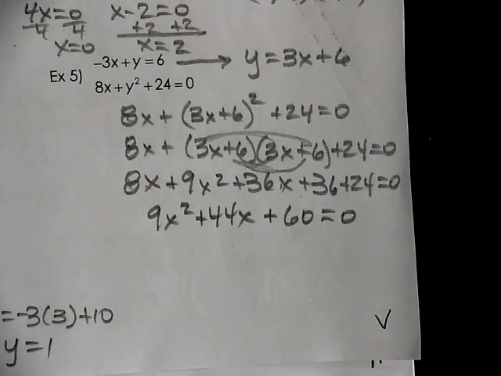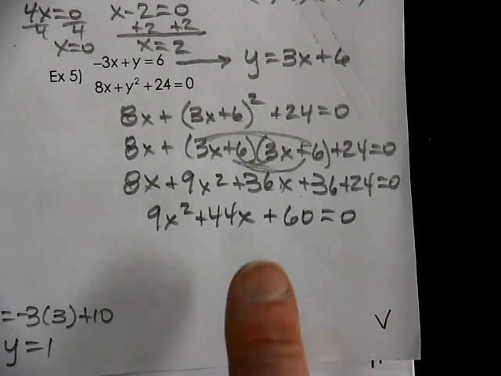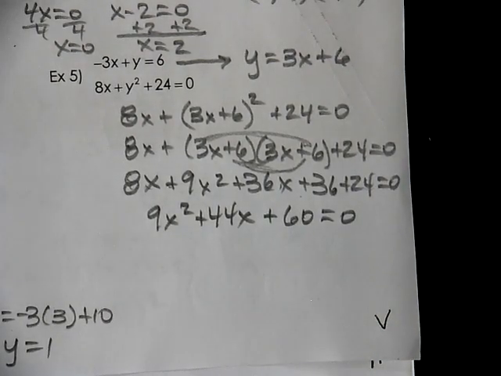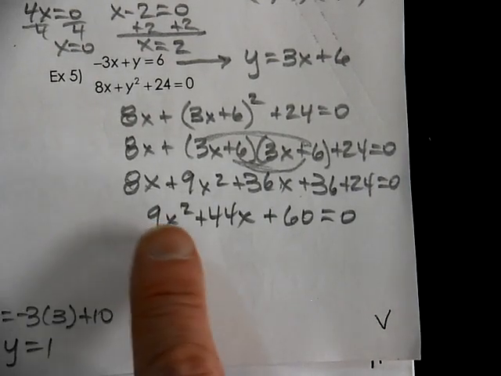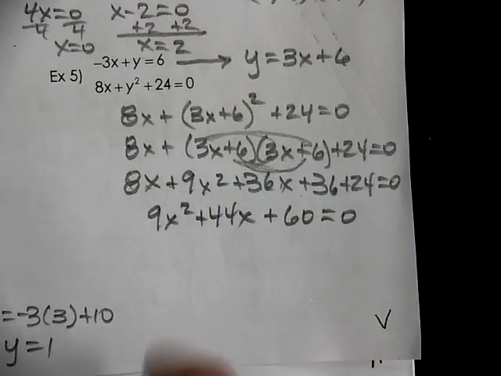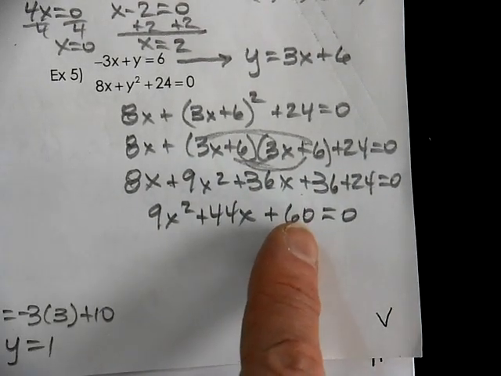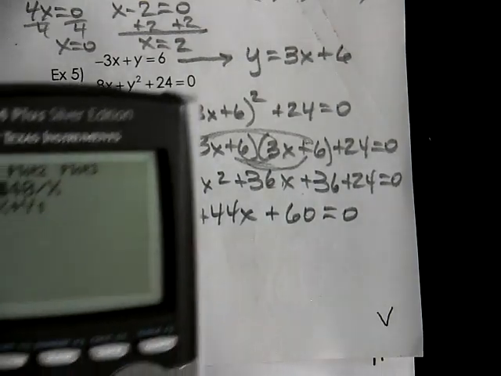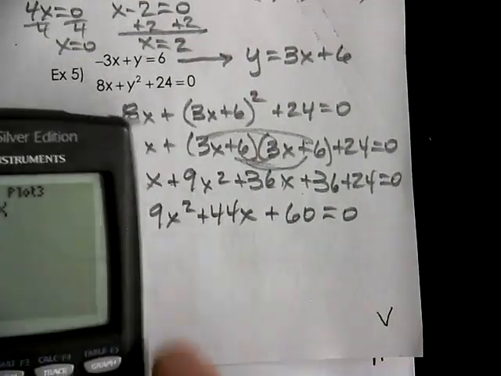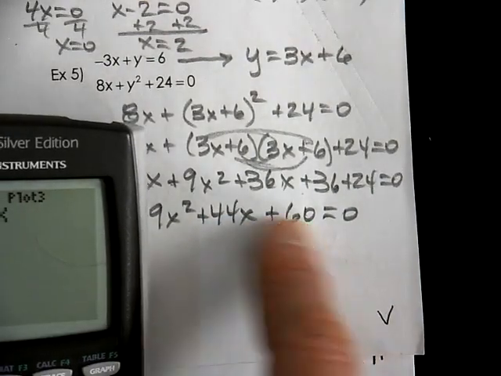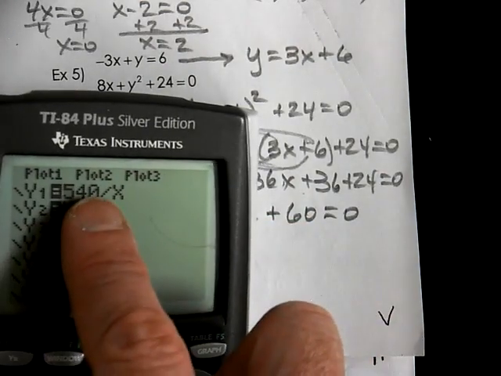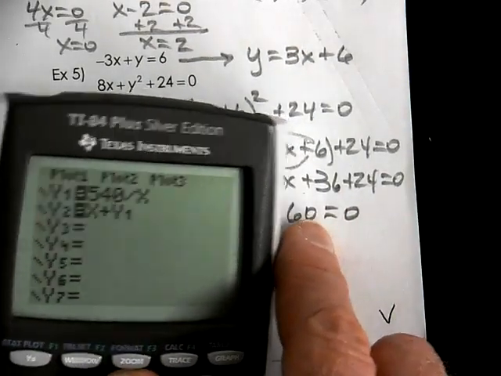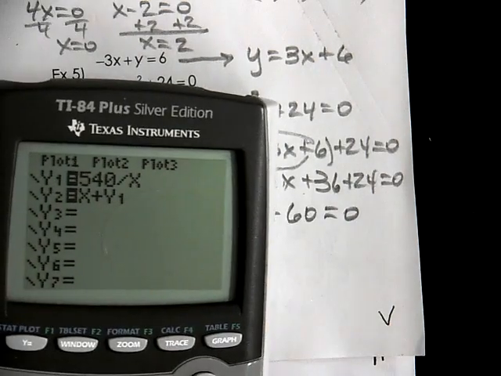So things we've talked about before, this looks like a pretty evil one to factor. There's no GCF to pull out. You can't take the square root of the last term, so it's not a perfect square trinomial. We have learned about different tricks with our calculator. 9 times 60. 9 times 6 is 54, and an extra 0. 9 times 60 is 540.